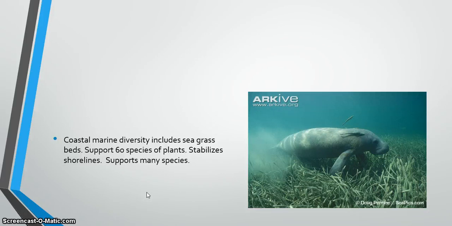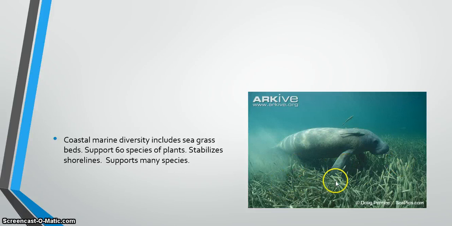Coastal areas, like estuaries, but coastal marine life zones include areas called seagrass beds. Seagrass beds are coastal areas that have lots of plants growing on the floor of the ocean.